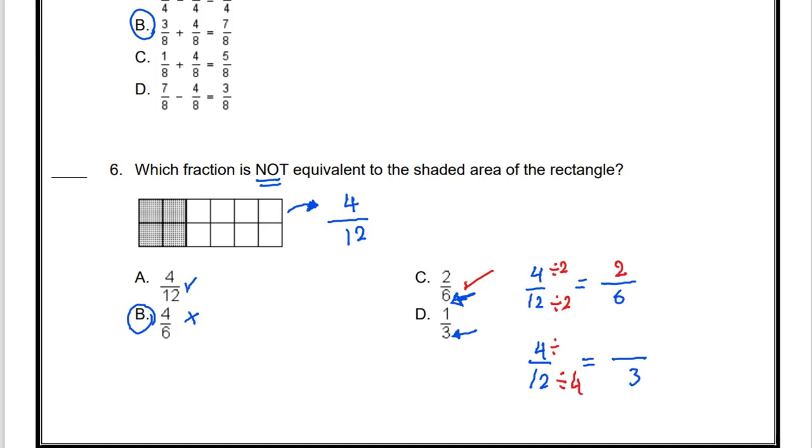So divide the 4 also by the same number. 4 divided by 4 equals 1. Oh, so it's also correct. So the only wrong one is B. This is the only one which is not equivalent to 4/12. Thank you, Muhammad. Great work. Any questions, my heroes? Okay, let's move to the next one.